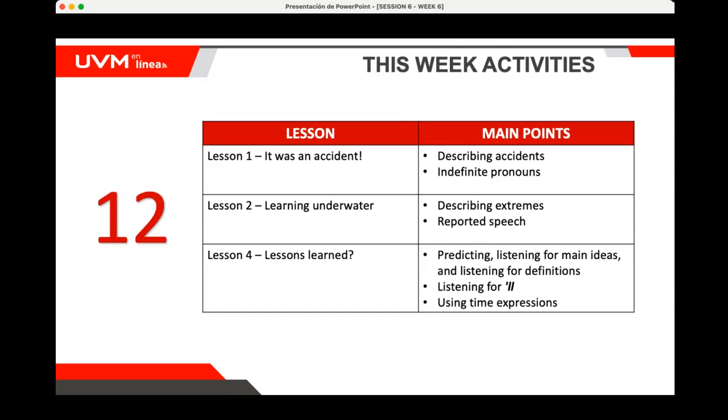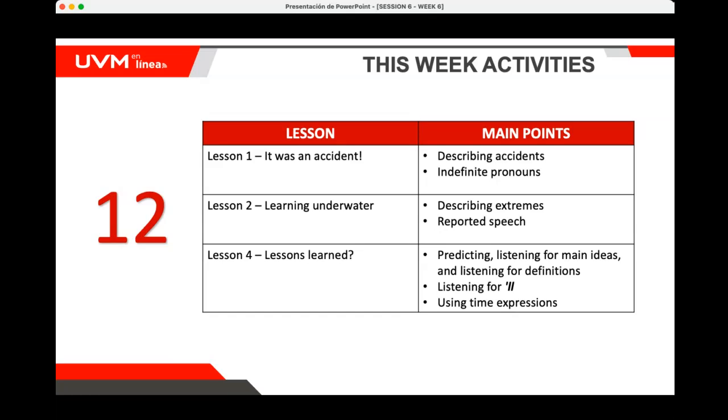So I'm also going to share with you a PDF in which you have a more detailed explanation of the reported speech changes, so you can review all the factors that you need to consider in order to manage reported speech.